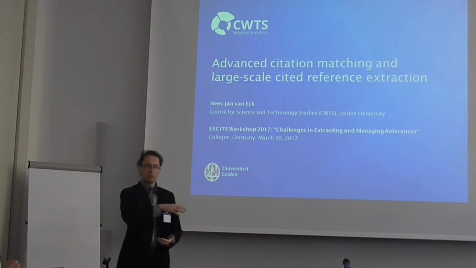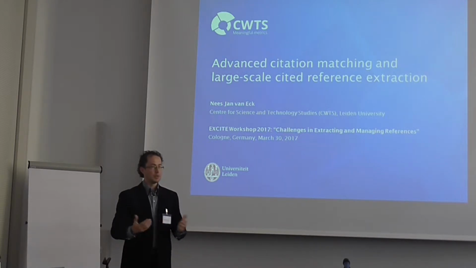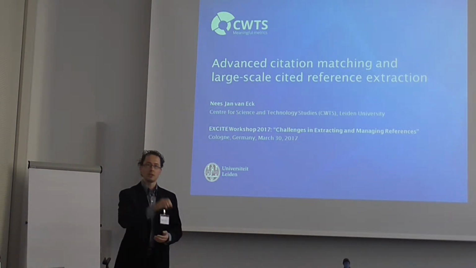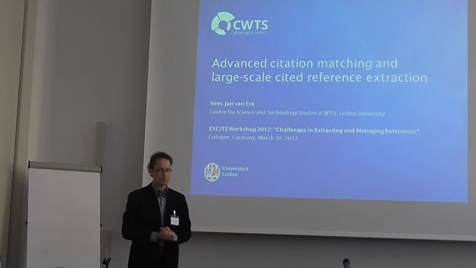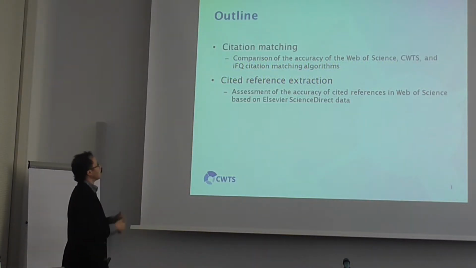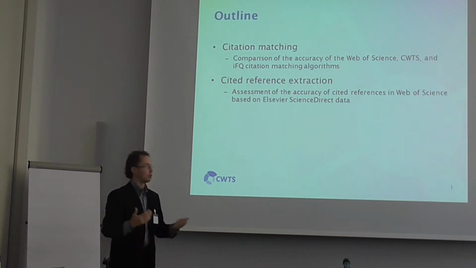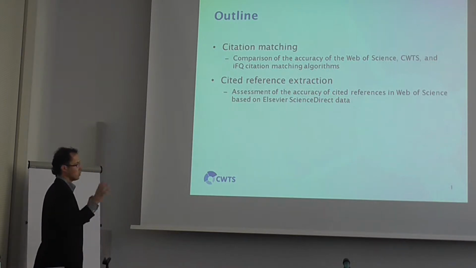In turn, the accuracy of the citation links depends on the accuracy of the data on the cited references, and also the accuracy of the citation matching procedure that is used, the procedure used to link cited references back to the cited publications, or the target publications. It's quite interesting that there is little known about both of those important elements. So in this presentation I would like to focus on those two elements.